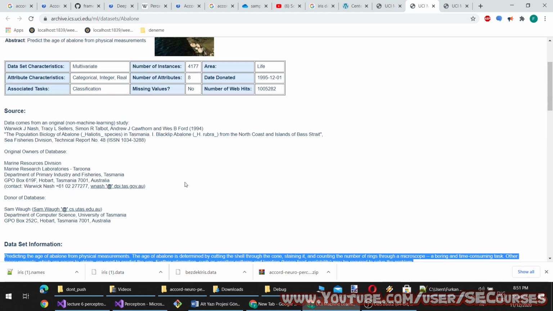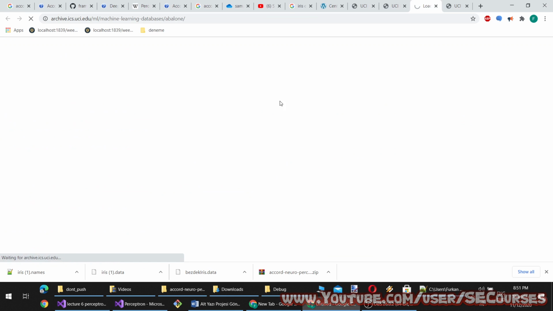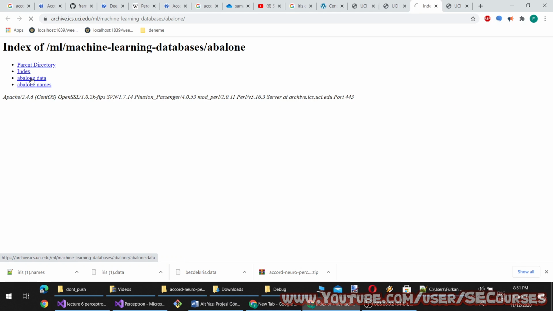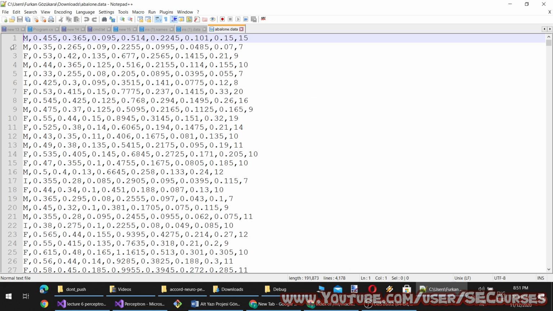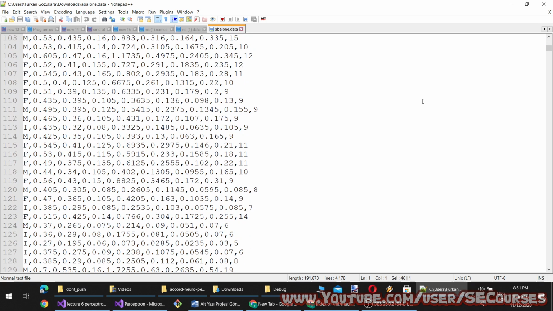Okay, let me check their data folder. There's abalone data, and let's see it. Okay, so the features are written like this.